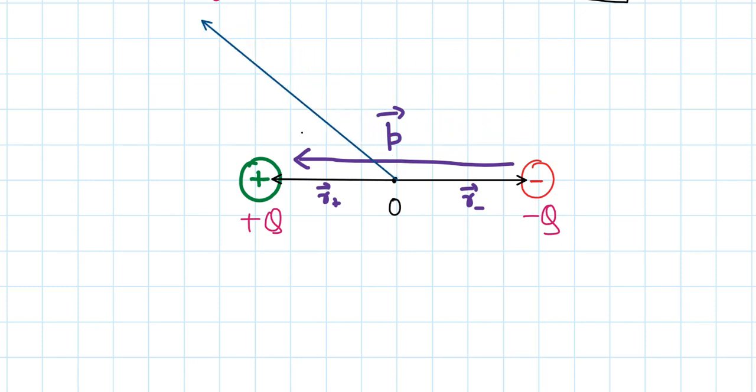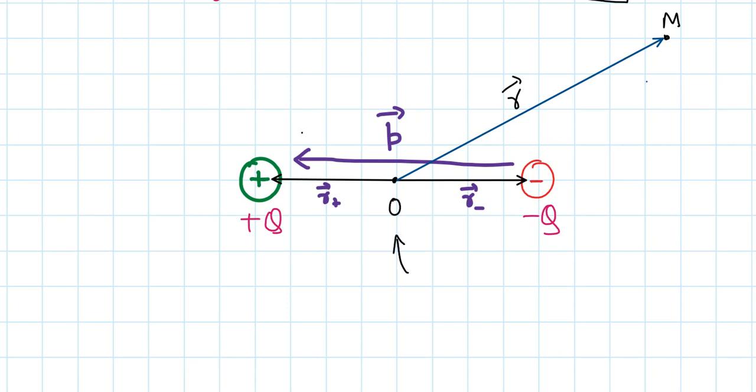So any arbitrary point in space can be measured from this origin, and I may call that vector R. So some random point M in space around the electric dipole has a position vector R with respect to the newly selected origin, and the newly selected origin is at the dipole center.